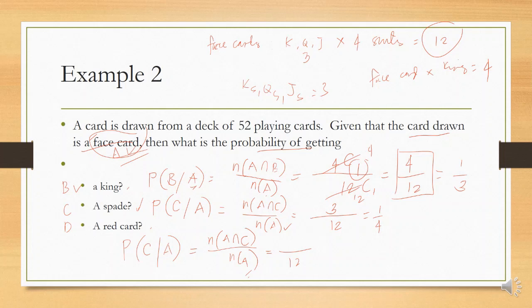Ang face card, meron tayong king of hearts, queen of hearts, and jack of hearts. We also have, since it's also red, king of diamonds, queen of diamonds, and jack of diamonds. So, lahat yon ay 6. So, 6 over 12. So, meron kang 1/2 na probability. Ibig sabihin, 50% chances of red card siya kapag face card yung nabunot mo.